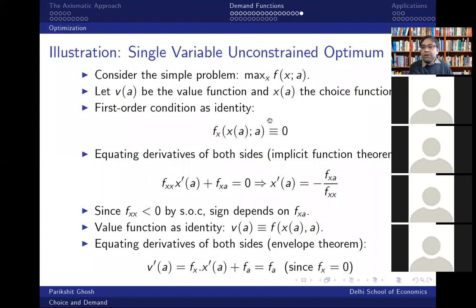So the statement of the envelope theorem applied to this simple problem would say that the slope of the value function equals the slope of the Lagrangian, which in this case is the slope of f. So I have proved the envelope theorem for this very simple problem. That's the proof I discussed.